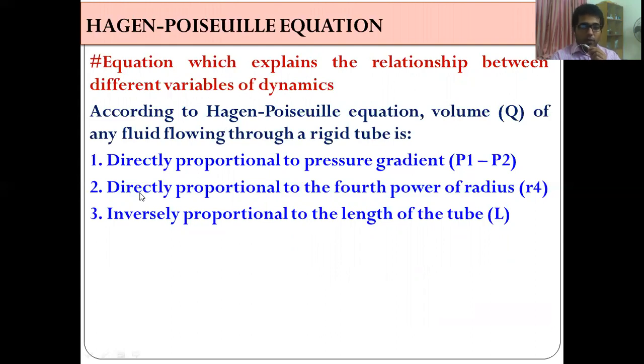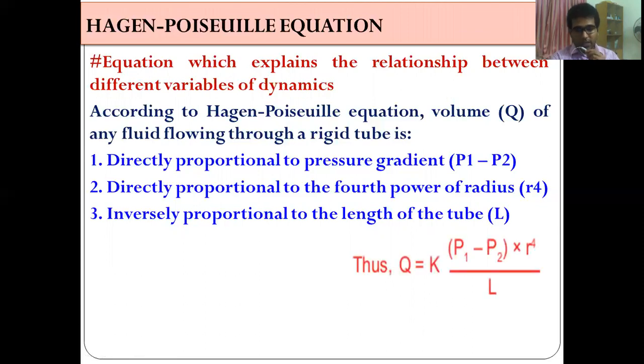Again, this blood flow is directly proportional to the fourth power of the radius. I have already explained that if the radius increases, the blood flow will definitely increase. And the third point is that it is inversely proportional to the length of the tube. So this equation states the relationship between the blood flow, pressure difference, radius, and length.